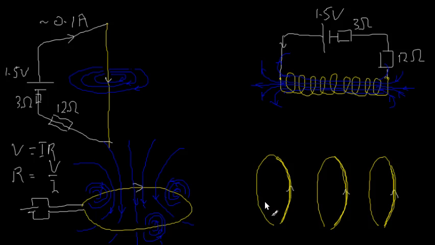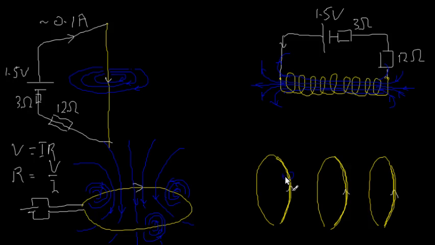Okay. Now, what about the direction of the magnetic field then? Let's take over this idea and see what we can do here. So around each loop, we would expect that there would be this little circular magnetic field that goes this way.